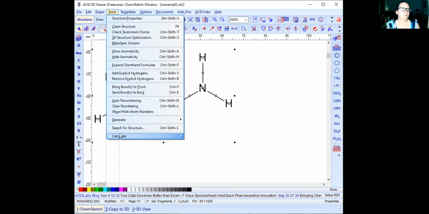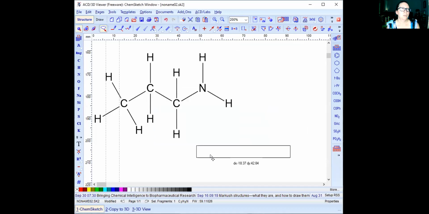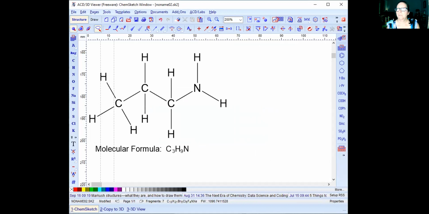So we can generate the molecular formula for this compound, and then we can build out the other isomer, this structural isomer, where the nitrogen is the central atom, and then we have 3 CH3 groups bonded to that.